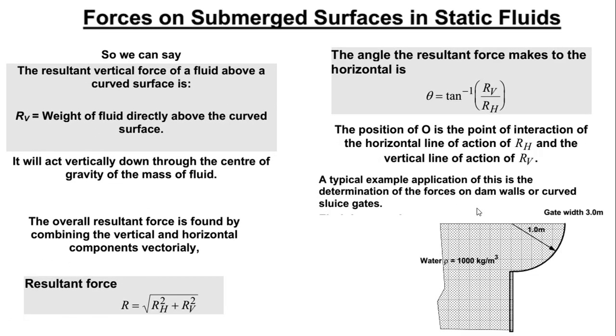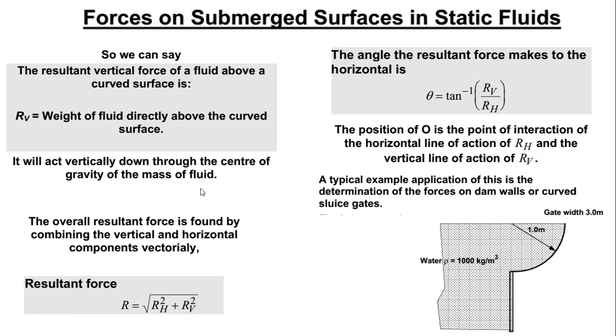So RV is equal to the weight of fluid directly above the curved surface. It will act vertically through the center of gravity of the mass of the fluid.